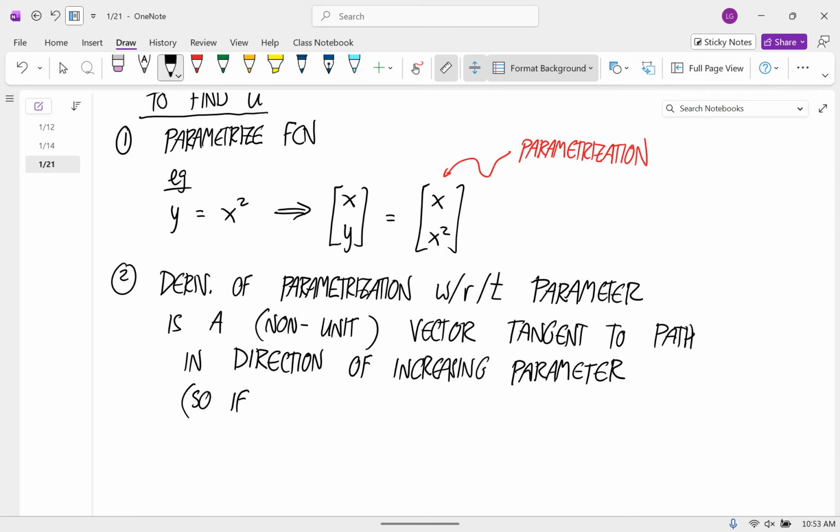So if this object is going in the direction of decreasing parameter, you have to multiply by -1.